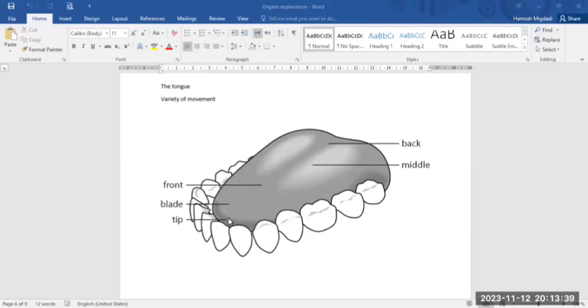Okay. Anyway, so I need you just again to look at the tongue. Look at the parts of the tongue. The back one, the front is here. The front, this is the front. Again, back is okay. The problem that maybe will confuse you is the front, blade, and tip. Look at them.